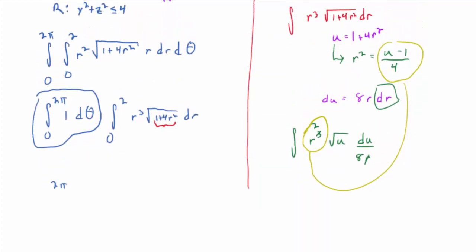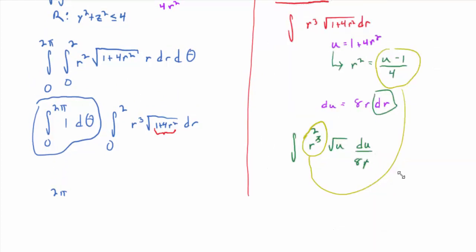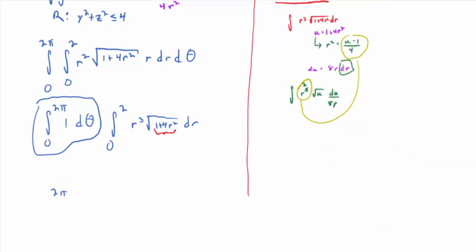Okay, let me get some more space. So what does all that become then? Well, let's bring the denominator to the outside. What's the denominator going to be? It's going to be 8 times 4, right? So 1/32.